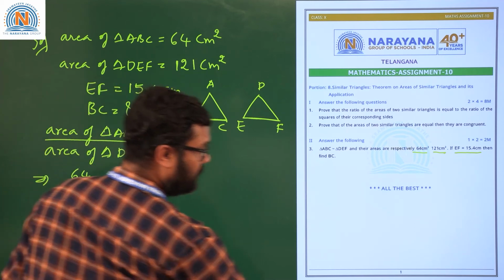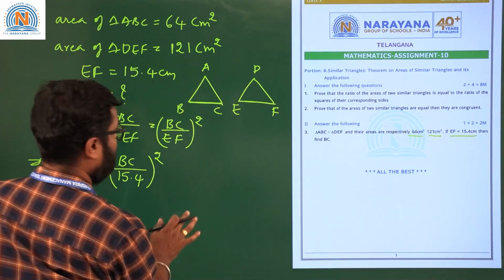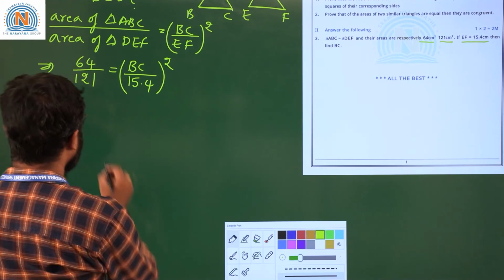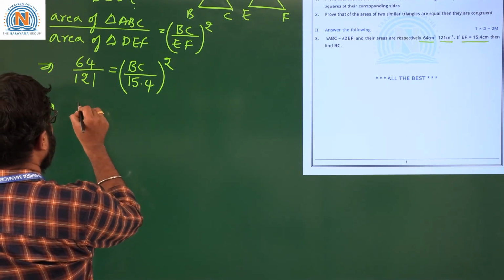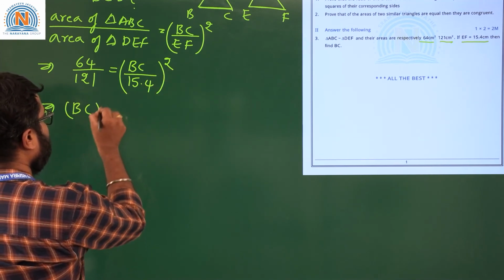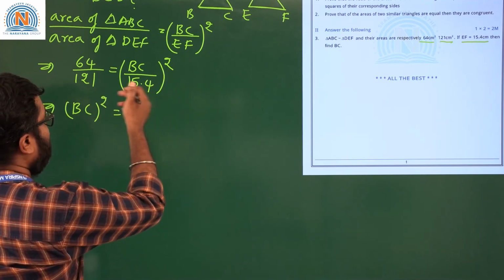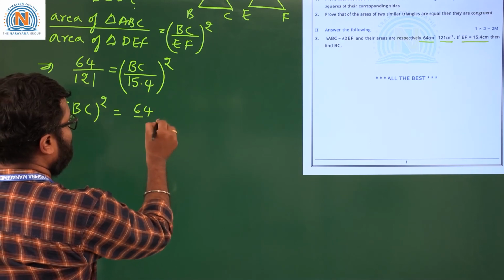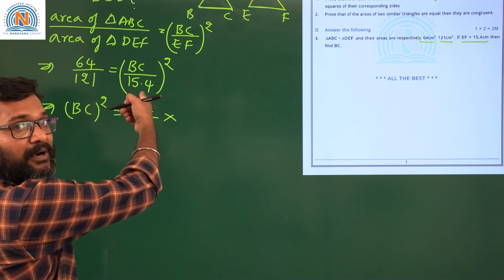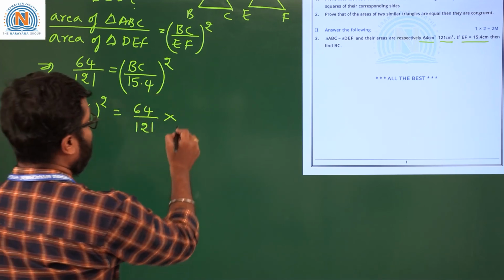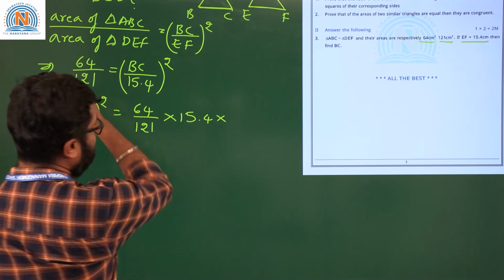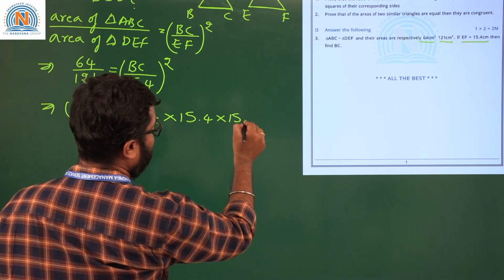So now keep this BC whole square on the RHS, and 64 by 121 into 15.4 whole square, bring 15.4 whole square to this side.